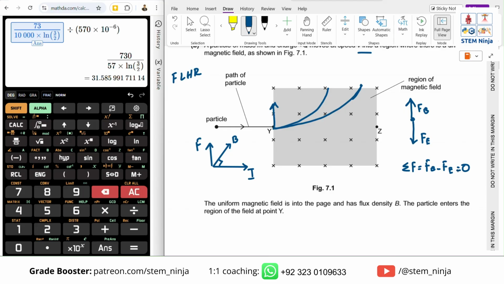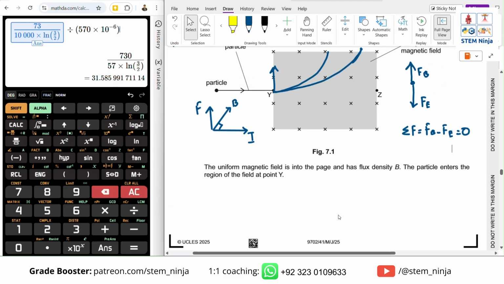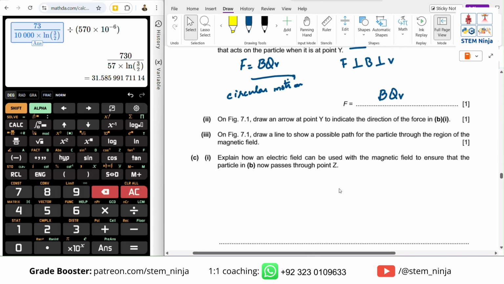So we need an equal magnitude of electric force that would balance out the force on the particle. And if the electric force is downward, that means the electric field direction is also downwards.